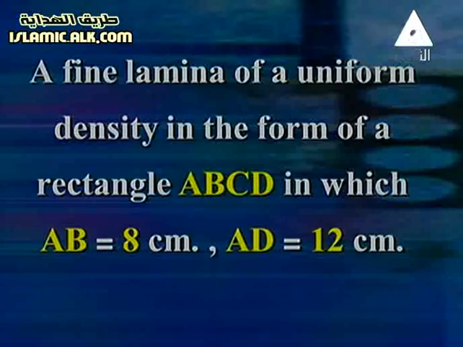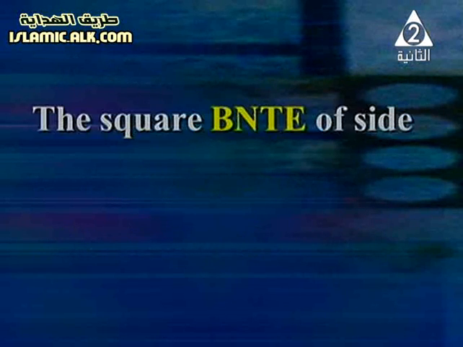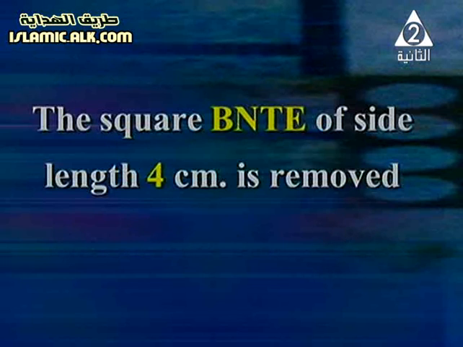Remember, AB equals 8 cm, AD equals 12 cm. The square BNTE of side length 4 cm is removed. Remember, we have a square BNTE as part of the rectangle. We have a rectangle ABCD, and we cut from it a square BNTE of side length 4 cm.